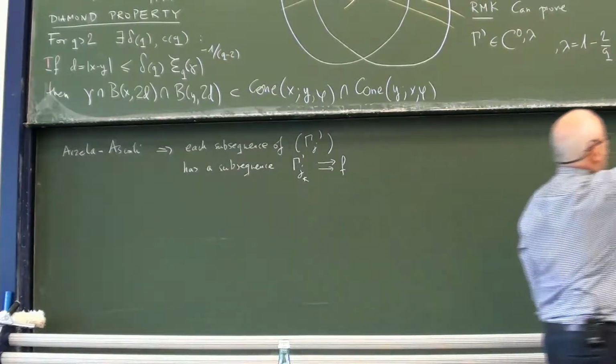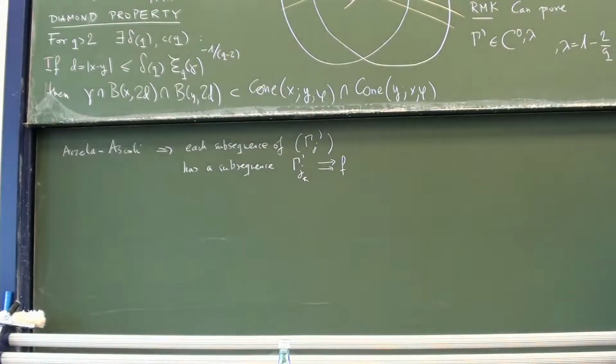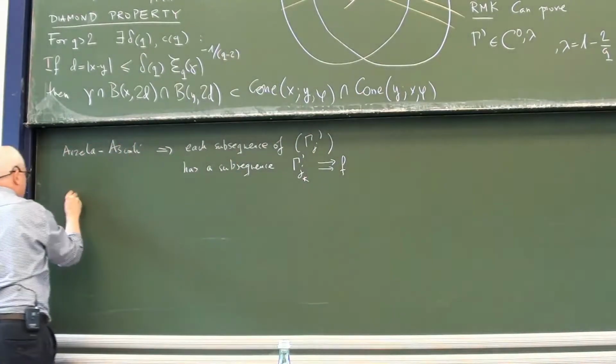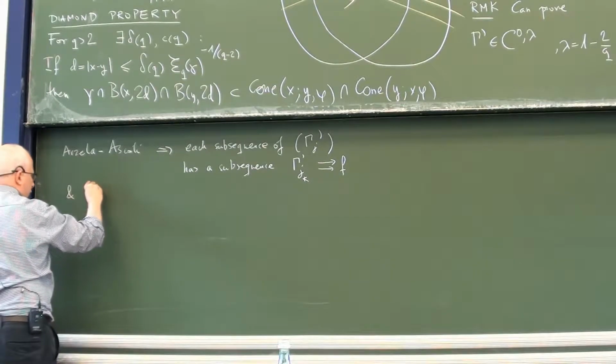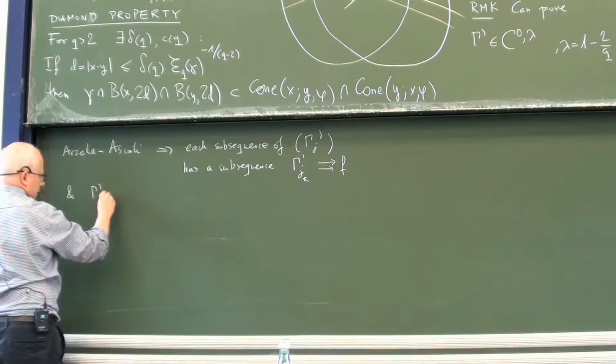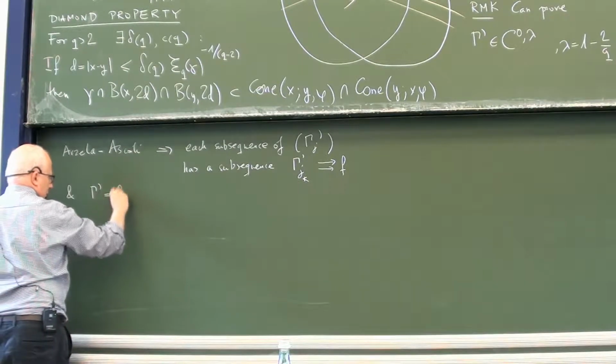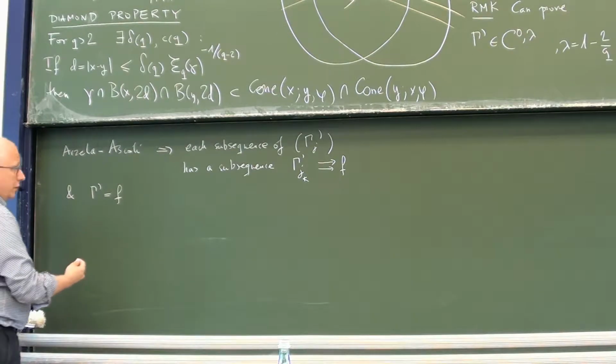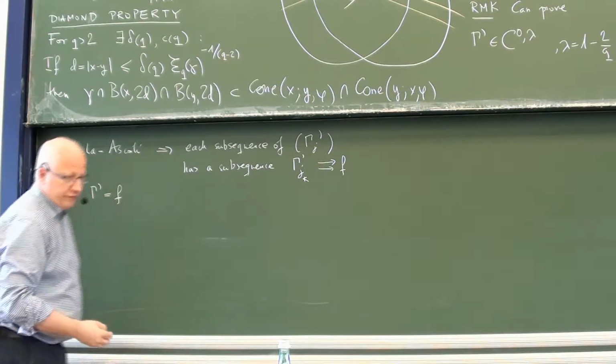But since you know that the functions themselves converge too, you know that the functions converge to something that has a derivative, and this derivative has to be equal to f.